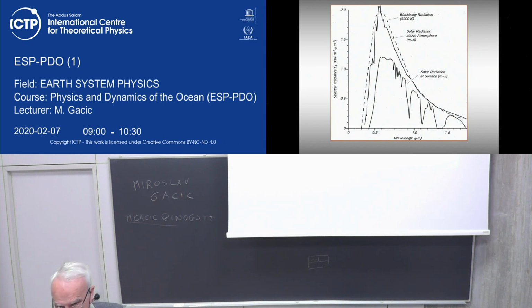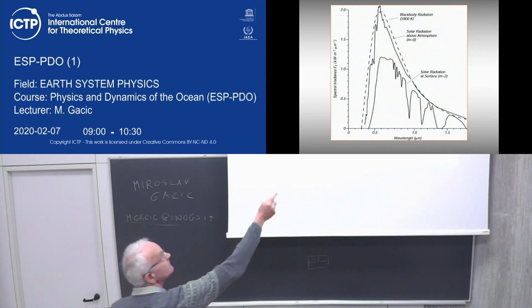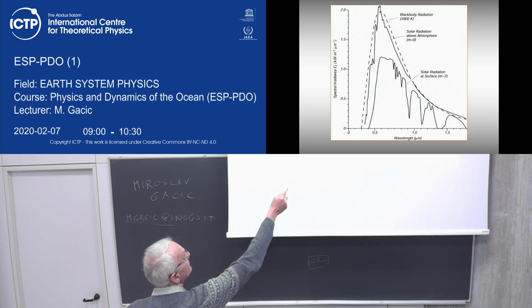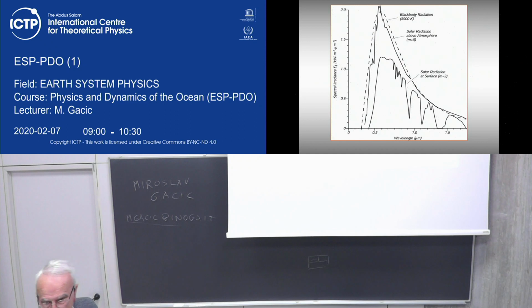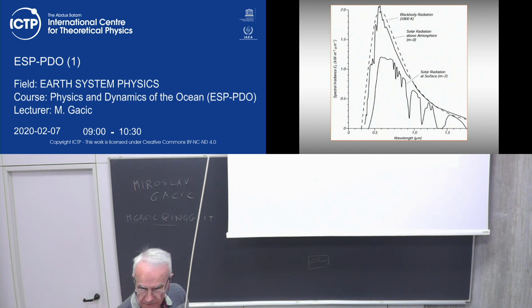By the atmosphere, because the difference, this is above the atmosphere, and here is at a 2 meter surface in the Earth. So the difference between these two is the energy absorbed by the atmosphere. Therefore, the atmosphere absorbs part of this energy coming from the sun.